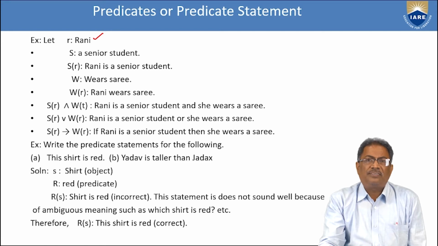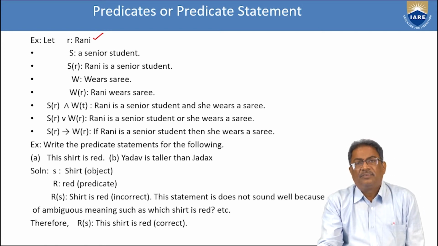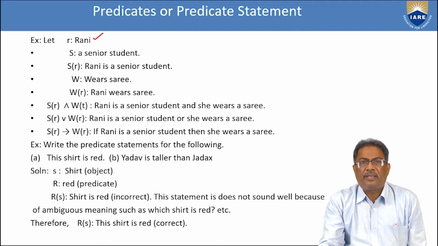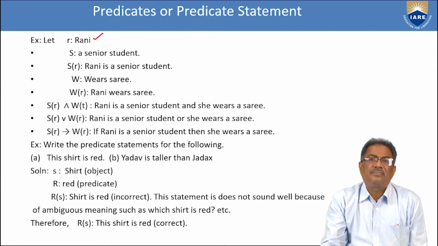Wears a sari is another predicate, so W of R is Rani wears a sari.